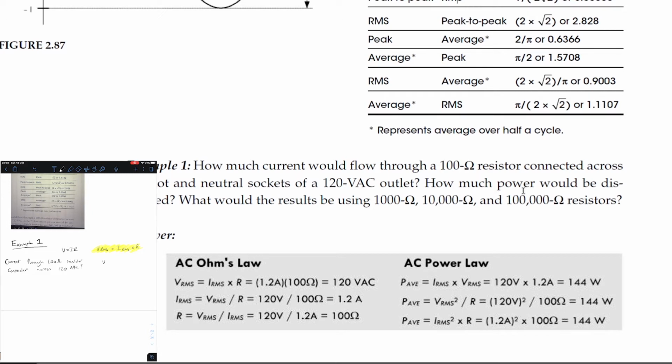Okay, so we just do V RMS divided by R is equal to I RMS. Okay, so we're just doing 120 volts divided by 100 ohms is equal to 1.2 amps.